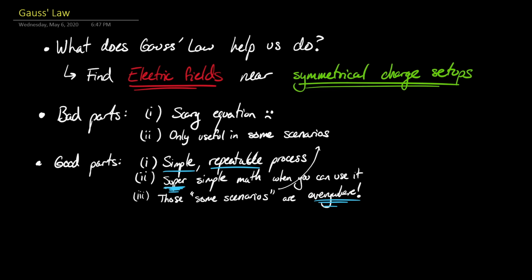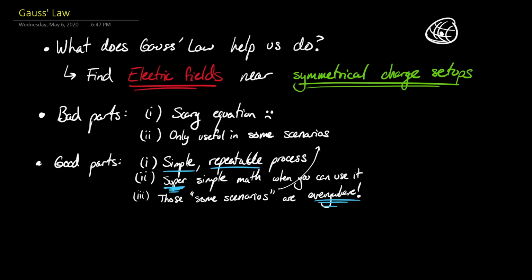So if you have just some general blob of charge and your professor says, find the electric field outside of it, it's not going to work. However, if you have a nice symmetrical object like a uniform sphere of charge, the sphere is very symmetric, Gauss's law is probably going to be the easiest way to find the electric field.